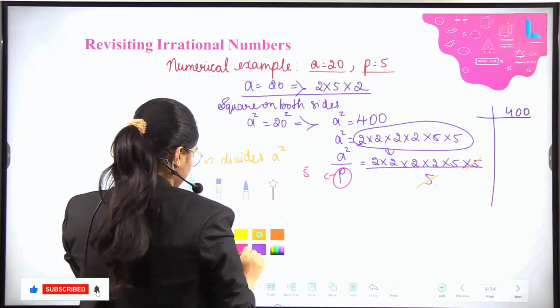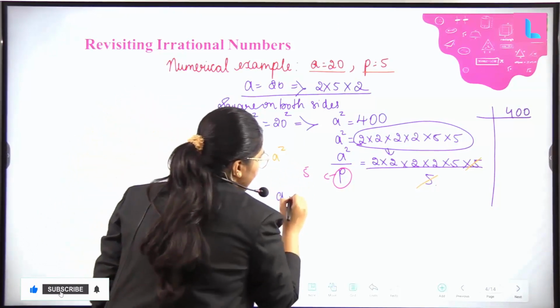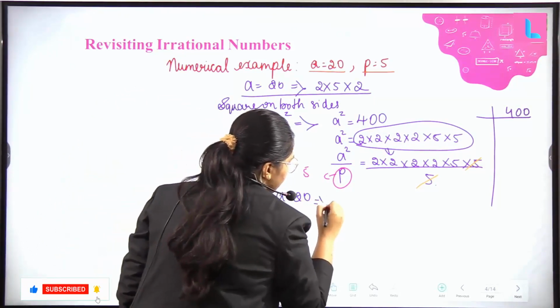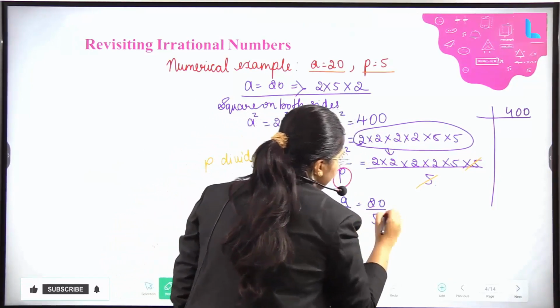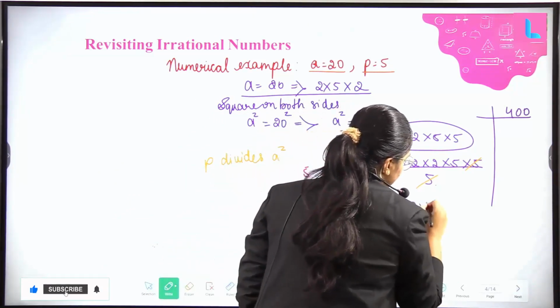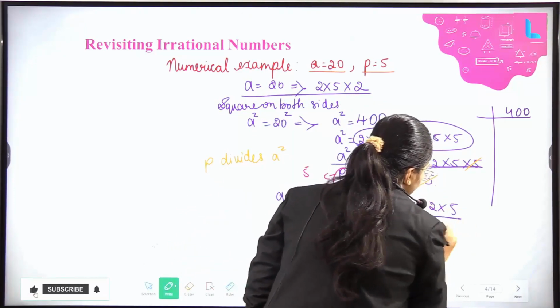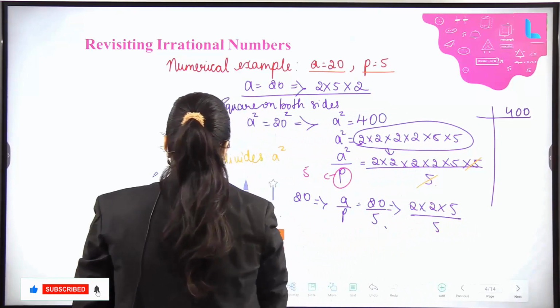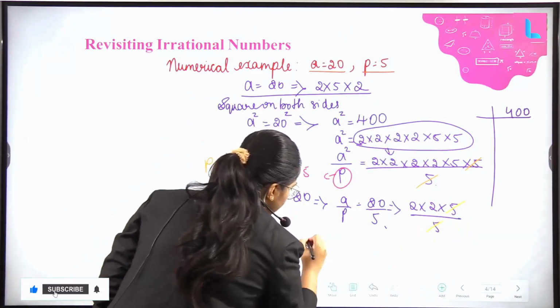Now we have to prove that P divides A also. A is 20. So A by P is equal to 20 by 5. How can 20 be written? Here I have already written 2 into 2 into 5 upon 5. 5 and 5 get cancelled.